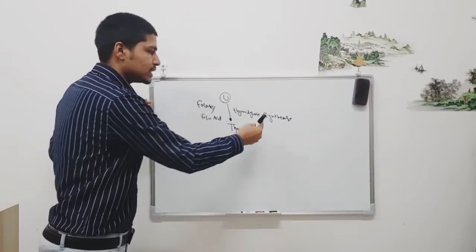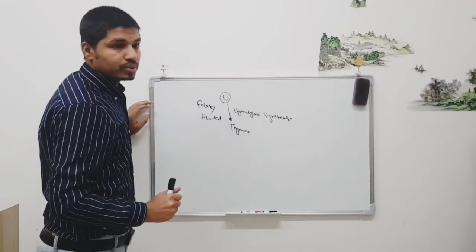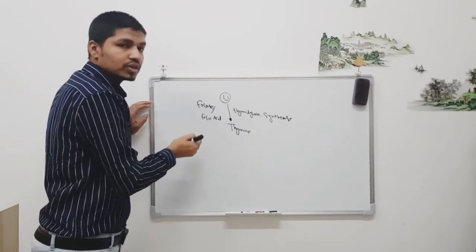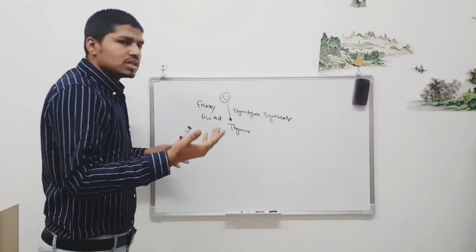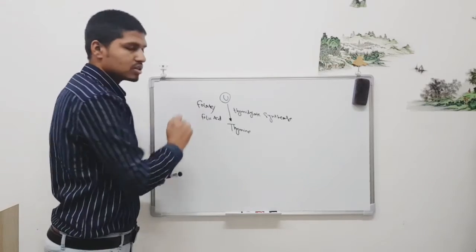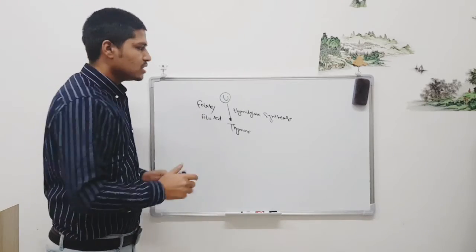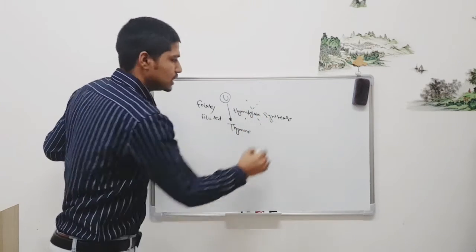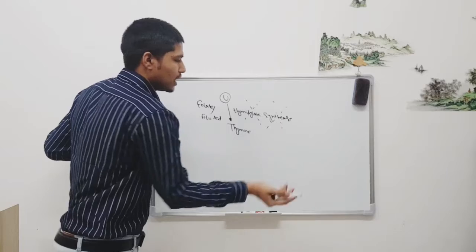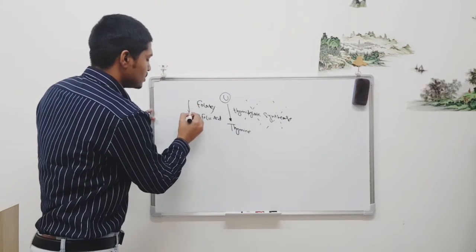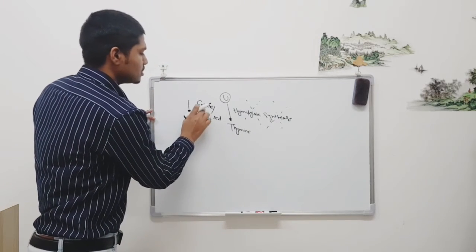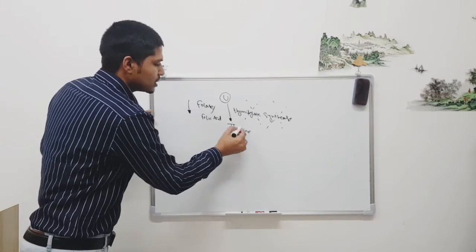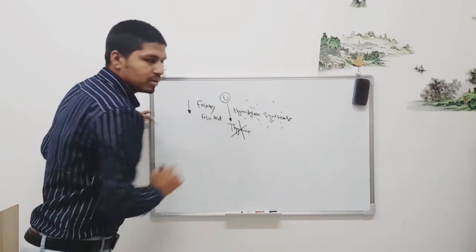And if you want this enzyme to perform its functions completely, your body needs folate or folic acid. If there is a deficiency of folate or folic acid, this enzyme will not work anymore, and ultimately we will not get thymine.